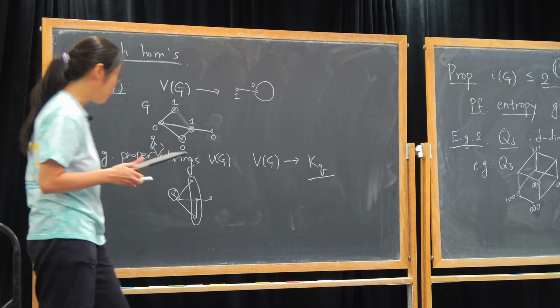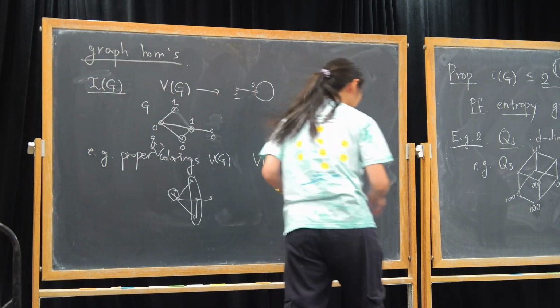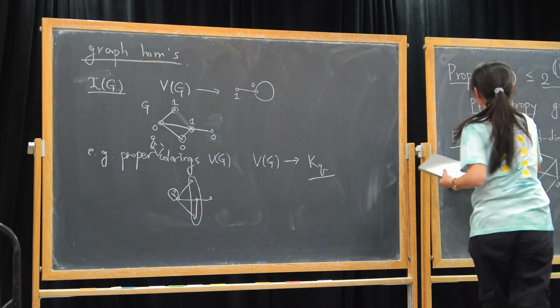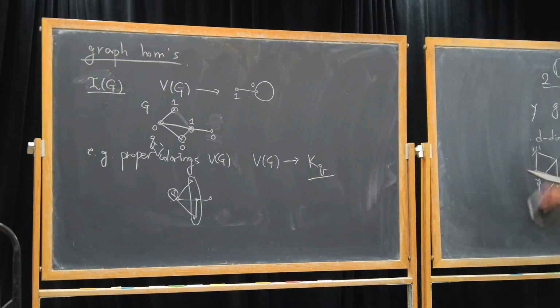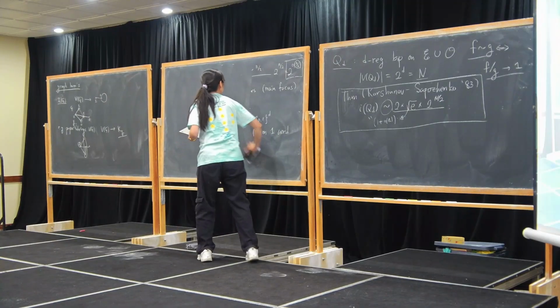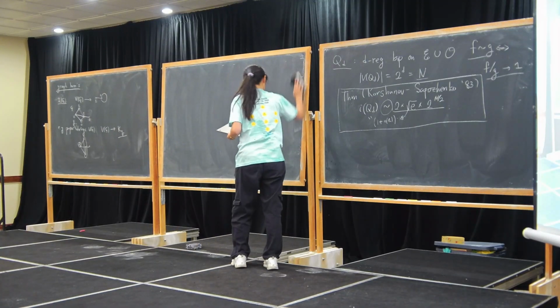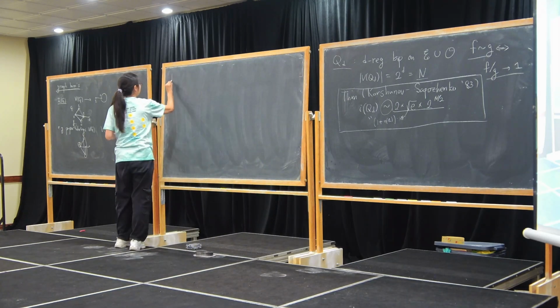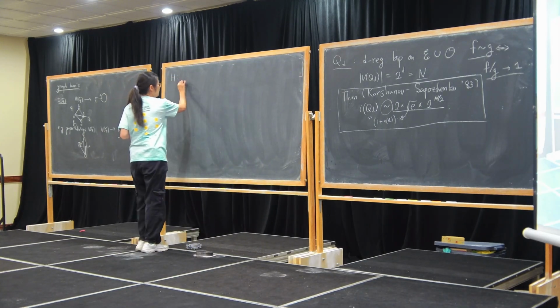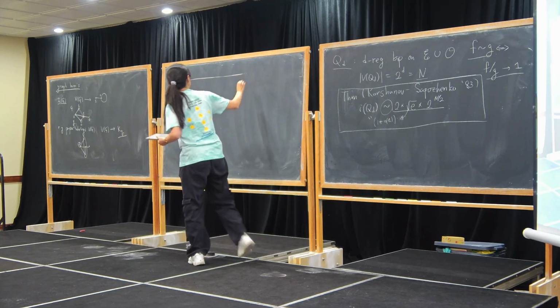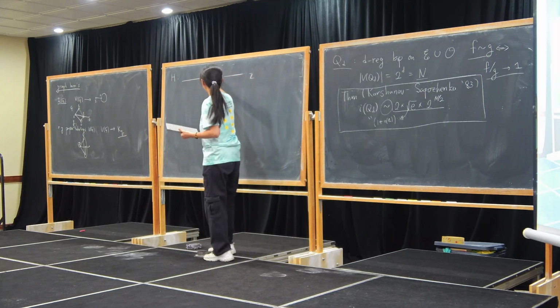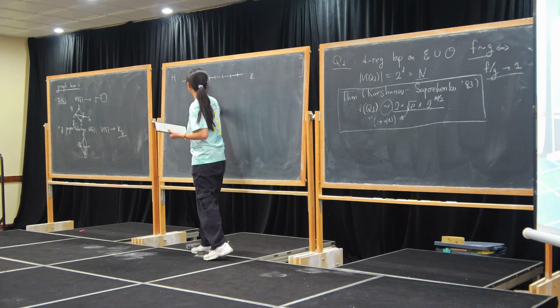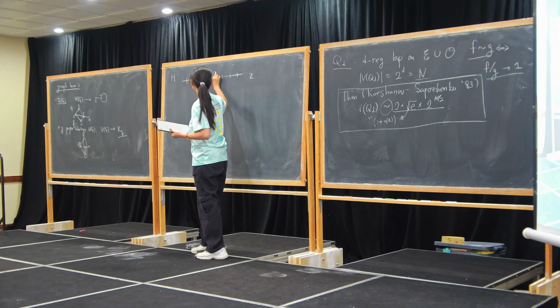Okay, and another example is a Lipschitz function. In this case, if we set our H to be the integer line, Z, and we have integers, and then we add some loops like this.